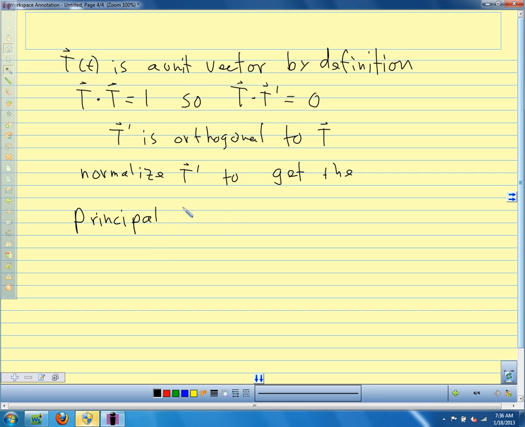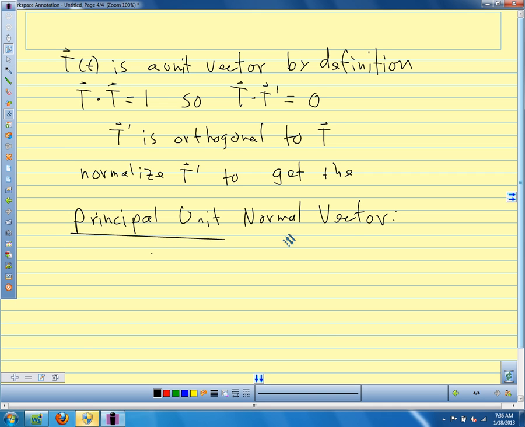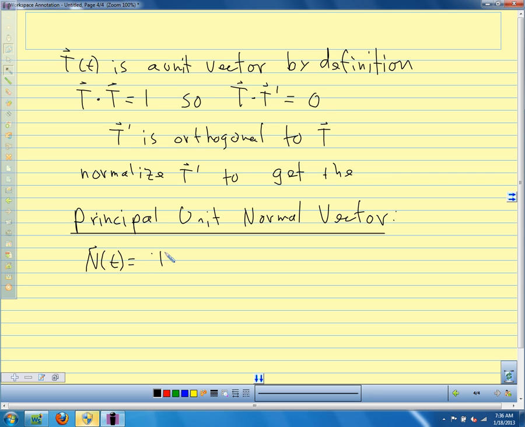Principal, yes. So our principal unit normal vector, and we use a capital N, N of t is T prime over the length of T prime.